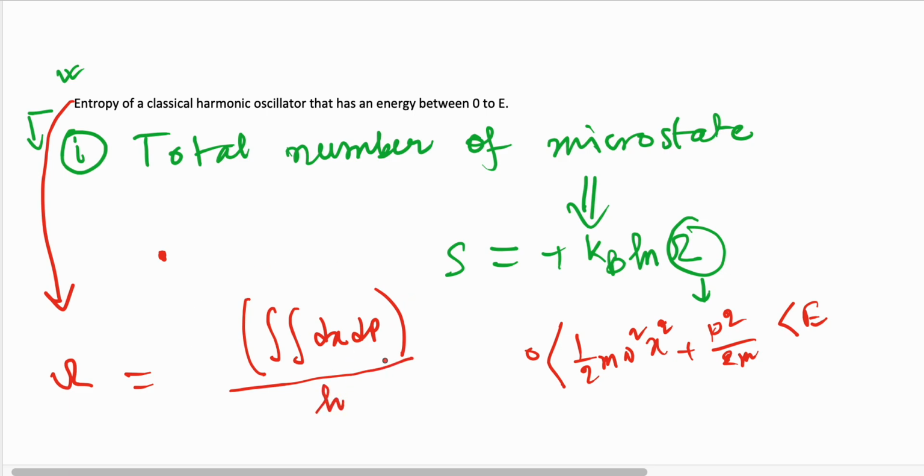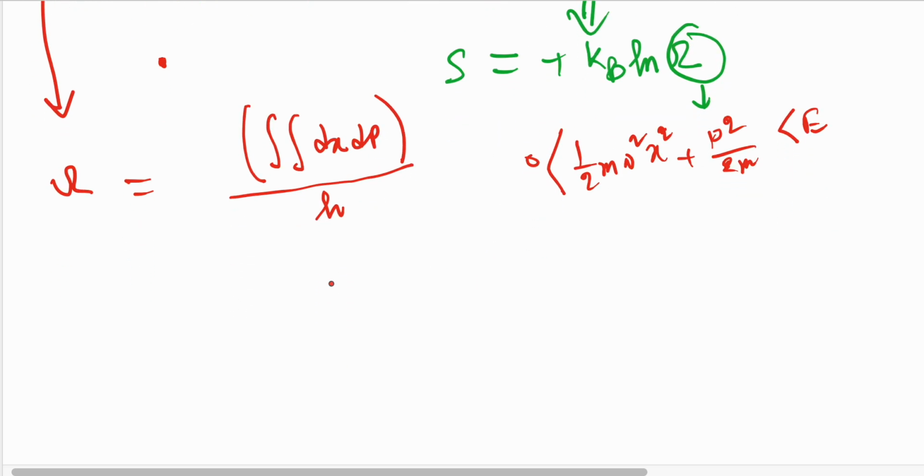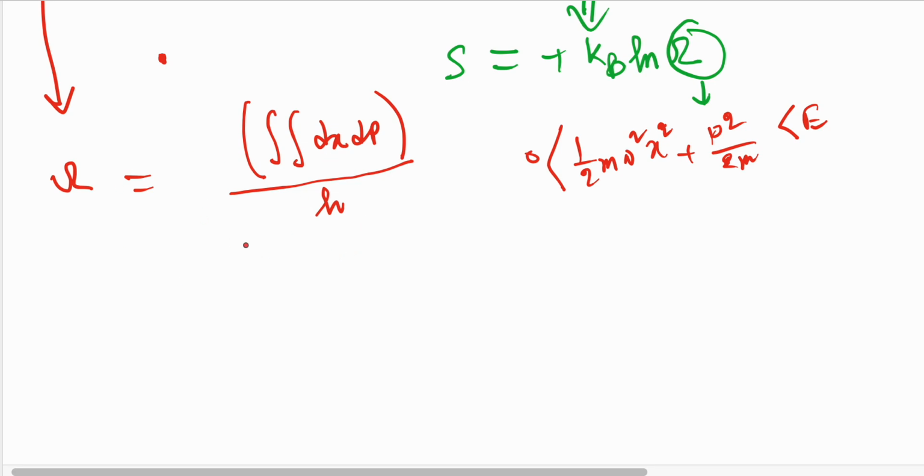So if you divide the total area by the minimal area for a microstate, h, you will get the total number of microstates.